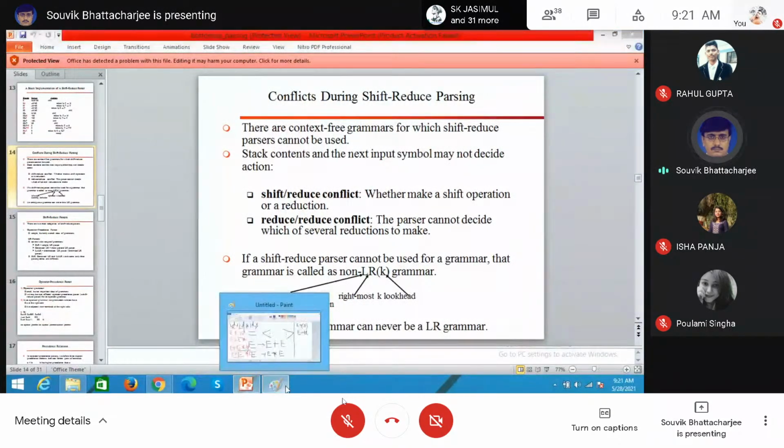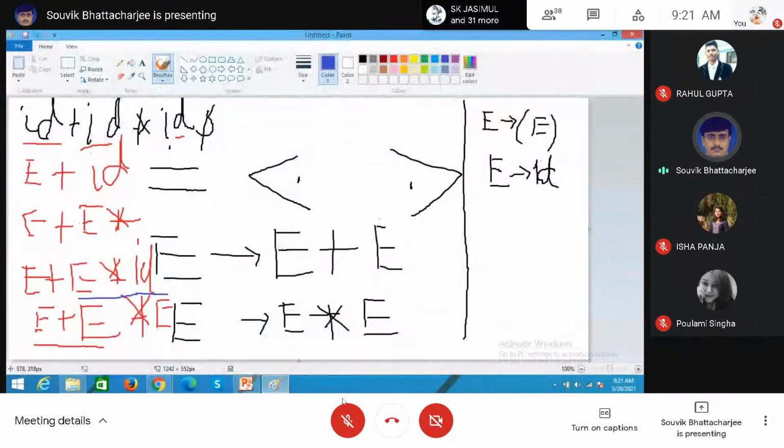You just see here, this is your grammar and you want to parse this string with the help of the shift-reduce parser. ID is your handle, because as per this production rule, ID is your handle. ID has been shifted onto the stack. Now ID will be reduced by E as per this production rule. Now plus has been shifted.